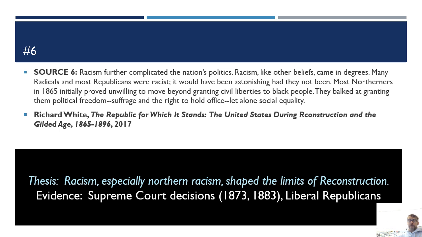In fact, Northerners were a little bit nervous about expanding much more authority and power to African Americans than that. I think two good examples of this would be the Supreme Court decisions in Cruikshank and the civil rights cases, which limited African American civil rights and the power of the 14th and 15th Amendments.